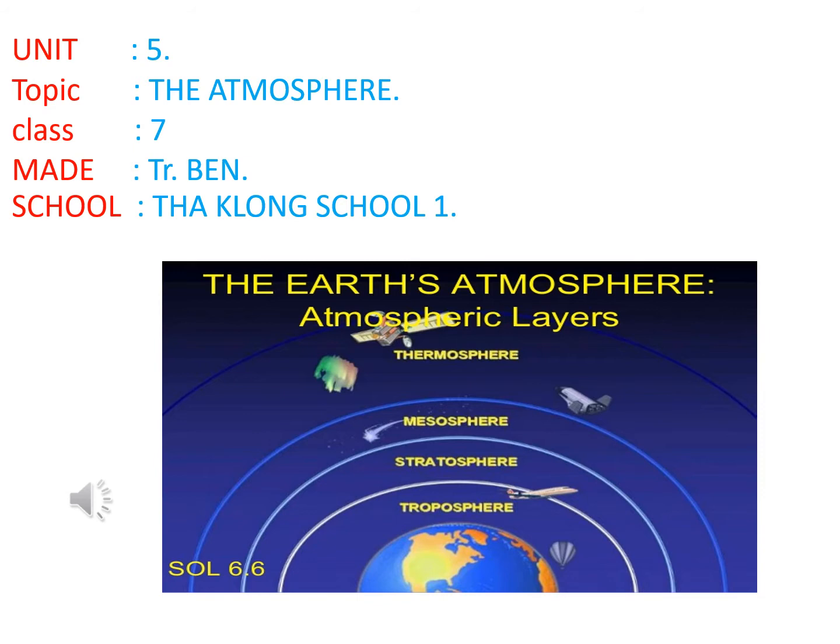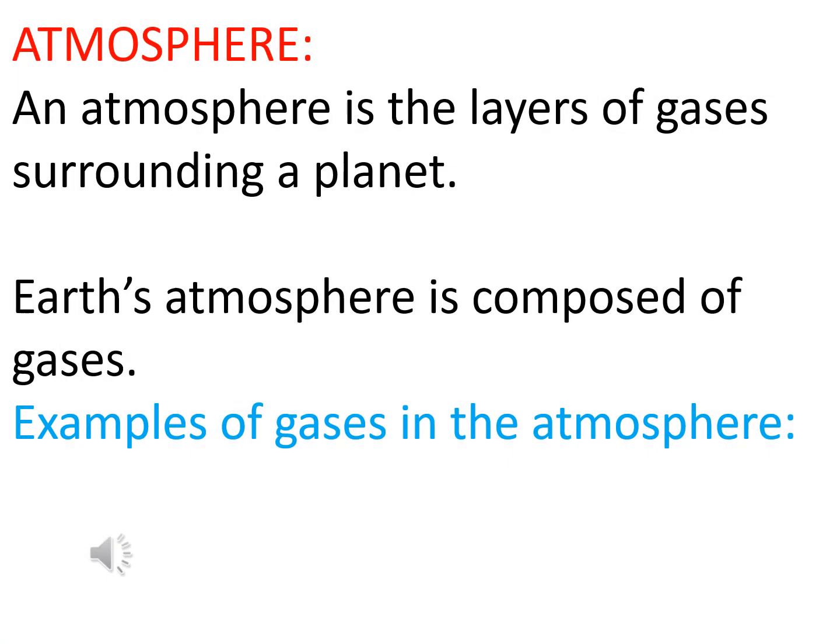This is the atmosphere. First of all, the word atmosphere simply refers to what surrounds us. But what surrounds us is composed of some things, as we shall see as we go on. So let's first get to know what the atmosphere is.